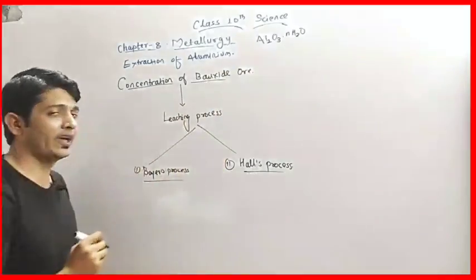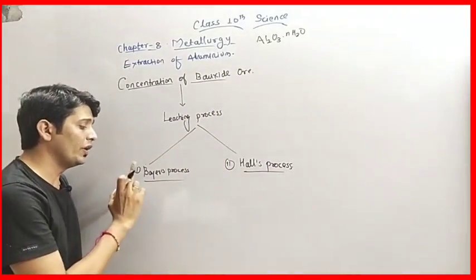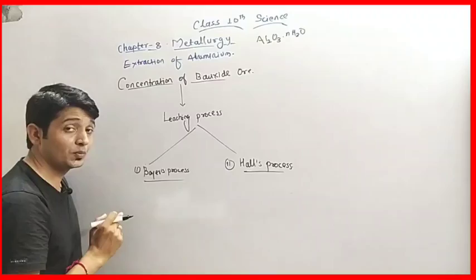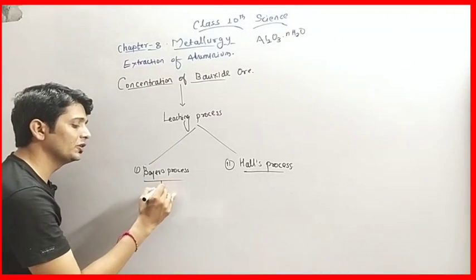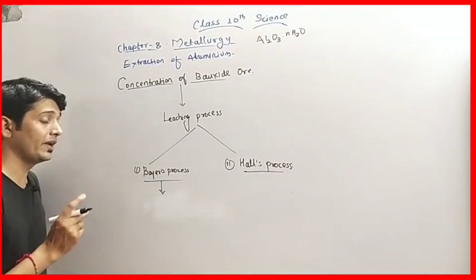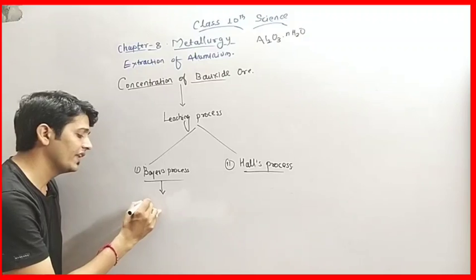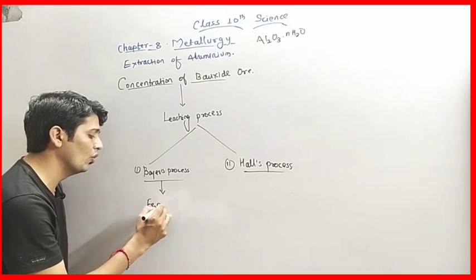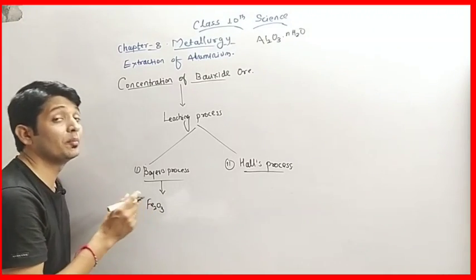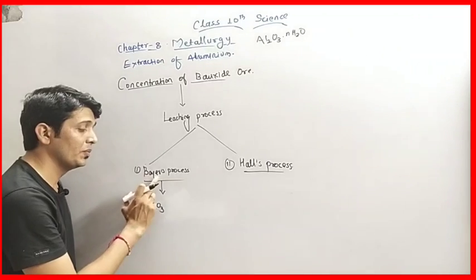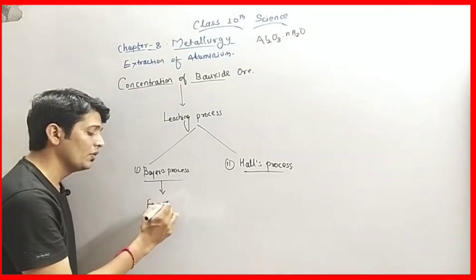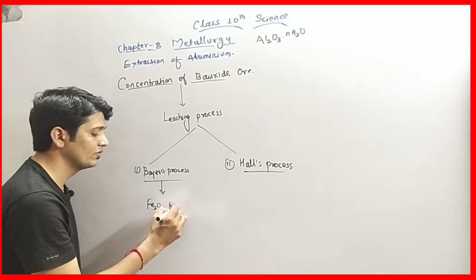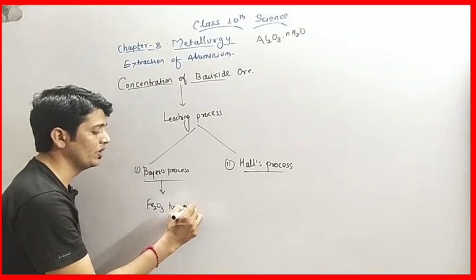When are we going to use the Bayer process and Hall's process? Bayer's process is used when ferric oxide, that is Fe2O3, is the main impurity.